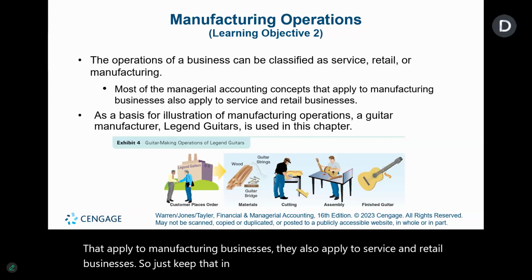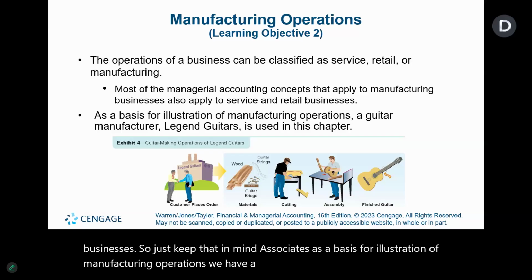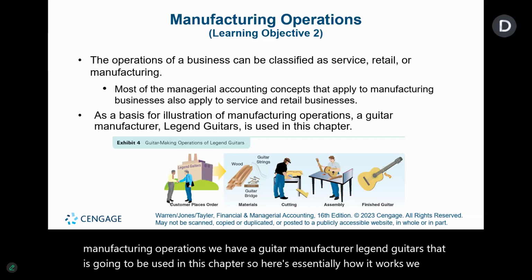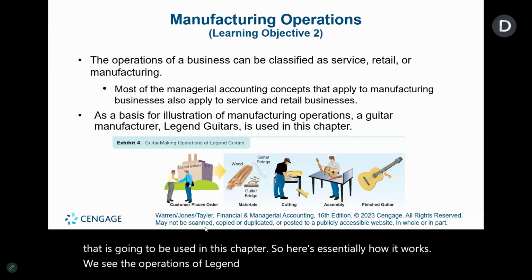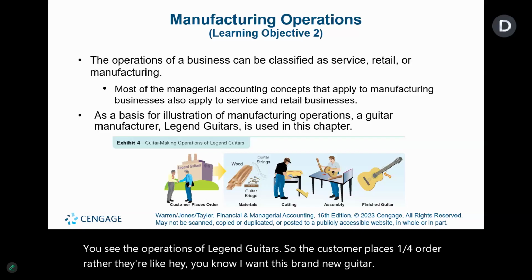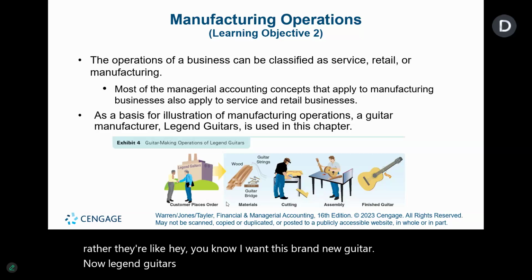It states, as a basis for illustration of manufacturing operations, we have a guitar manufacturer, Legend Guitars, that is going to be used in this chapter. So here's essentially how it works. We see the operations of Legend Guitars. The customer places an order. They say, hey, I want this brand new guitar. Now, Legend Guitars has the raw materials: the wood, the guitar strings, the guitar bridge.